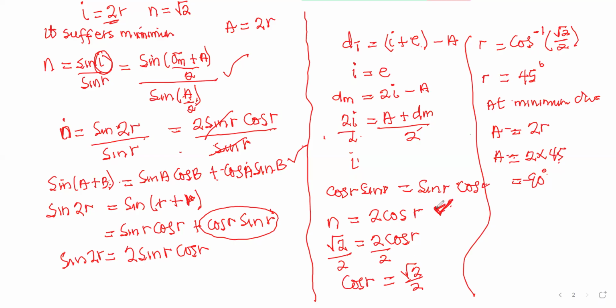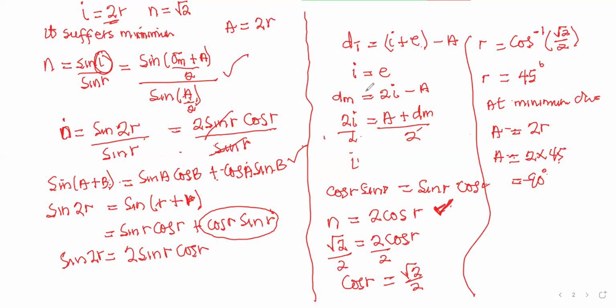Whoever asked the question must respond. Sir, I was asking how you got the 2 sine R and cos R over. Can you go back to the previous slide? Is it this part? Yes, sir.